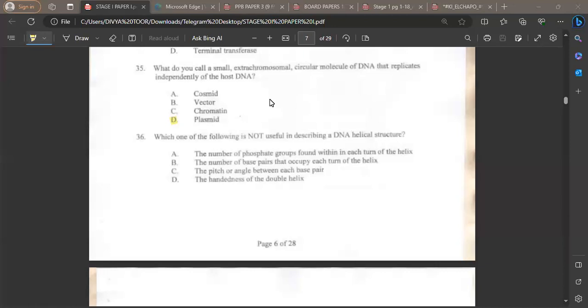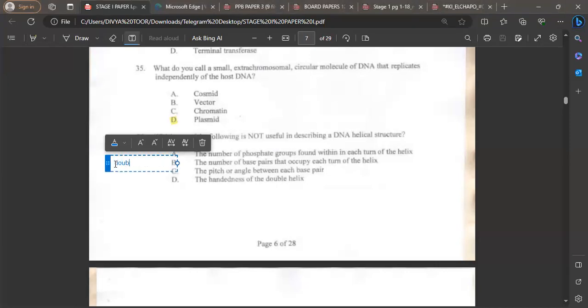We have DNA features that usually describe the helical structure. One is the double helix. The second one is the right-handed helix, meaning right handedness. Then the dimensions, whereby we have the distance between the bases, the diameter, and the turn of the pitch. We have the major and the minor grooves.